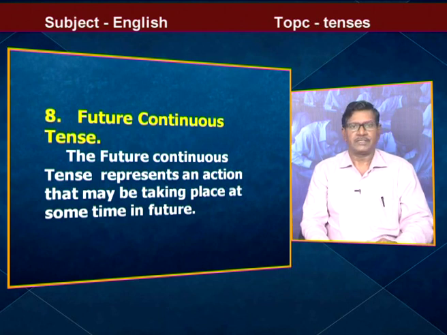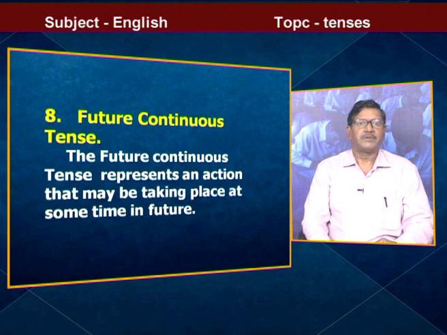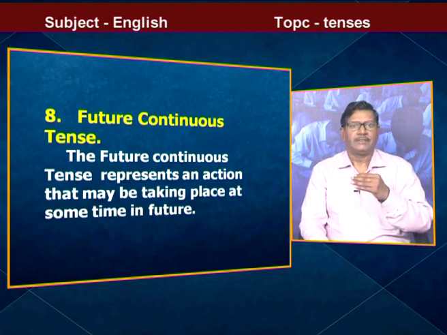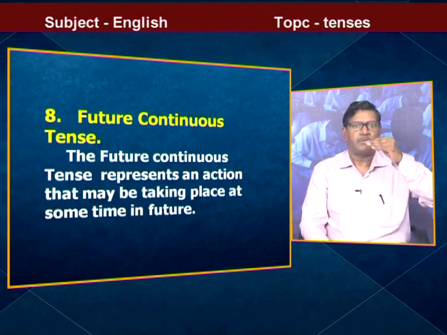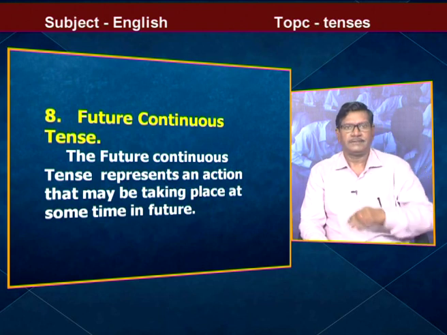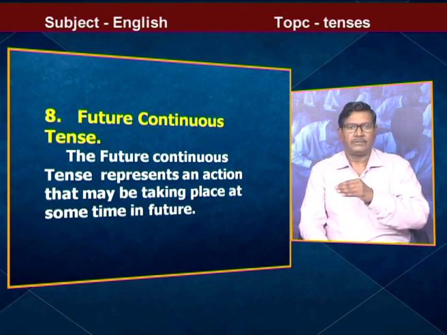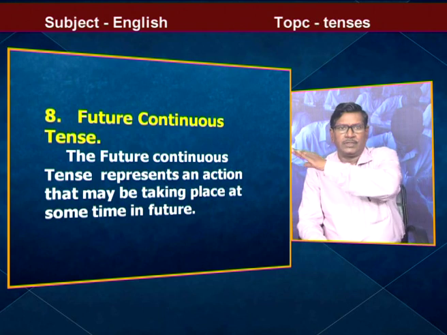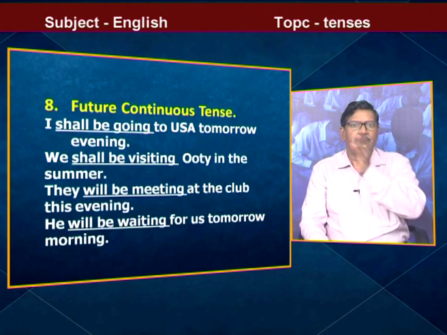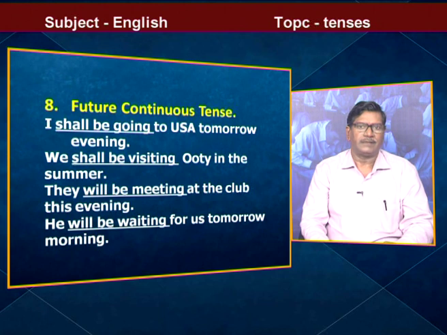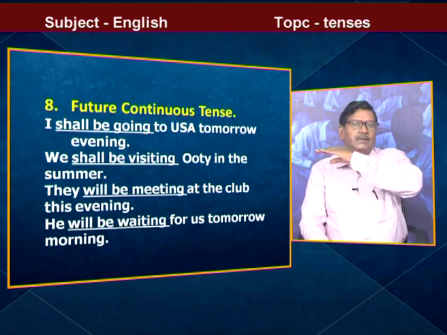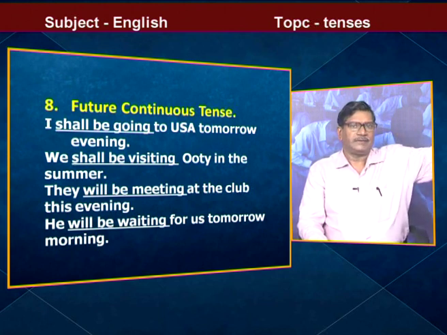Future continuous. It represents an action that may be taking place at some point of time in future. భవిష్యత్తులో జరుగుతూ ఉంటుంది అది. I shall be going to USA tomorrow evening. So, tomorrow evening I will be flying to USA.